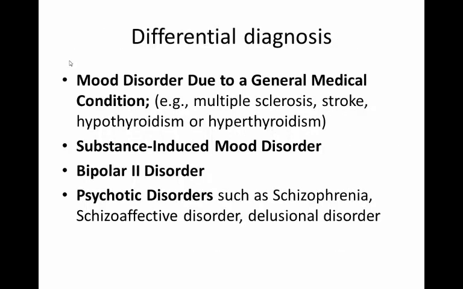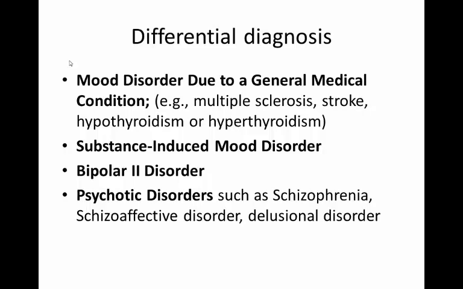The differential diagnosis for manic episode is a mood disorder due to a general medical condition. For example, some forms of cardiovascular disorder causing stroke can lead to this picture. A substance-induced mood disorder: many of the currently misused substances in our communities can lead to people with an elevated, irritable mood and associated psychotic features.